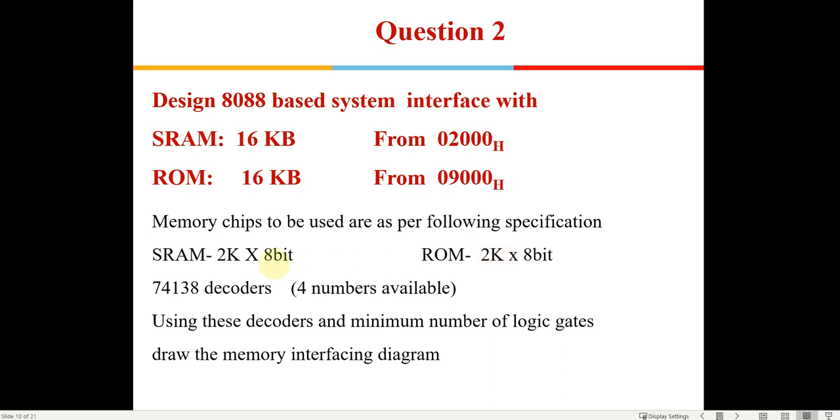Since the requirement is 16K, we will require 8 of each, so a total of 16 chips. Since we have 16 different chips to be selected, we require at least 4 decoders, so each can have 8.